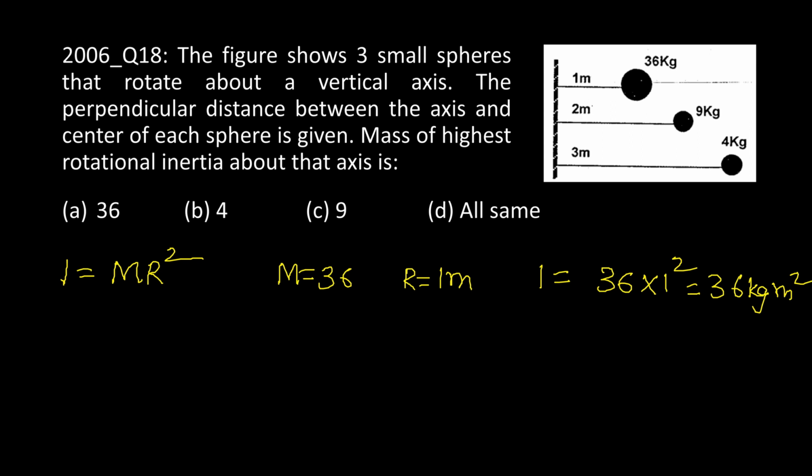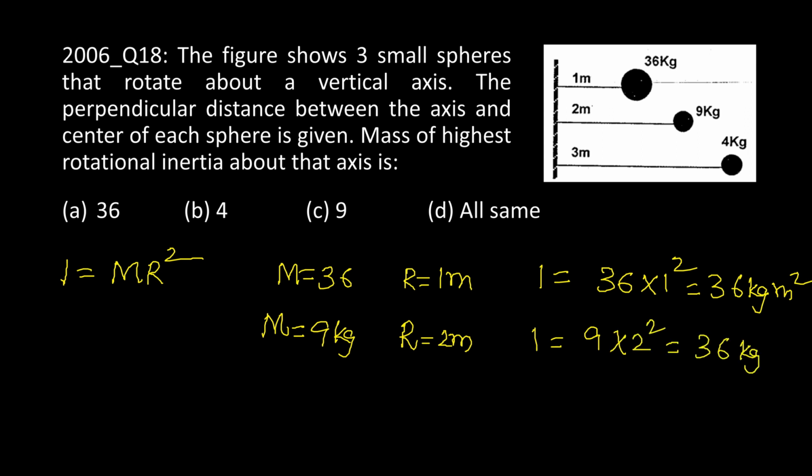For the mass of 9 kg, r given in the problem is 2 meters. So I is equal to m r squared, that is 9 kg times 2 squared, which is equal to 36 kg meter squared again.